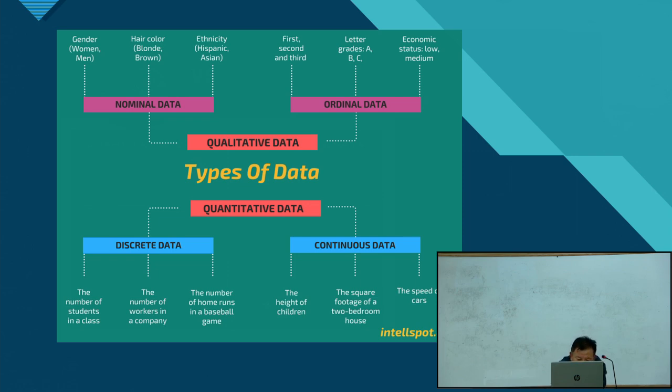And the other side is continuous data, such as the height of children, and also the square footage of a two-bedroom house. Square foot, two bathroom, two bedroom or something. The speed of cars is continuous data.